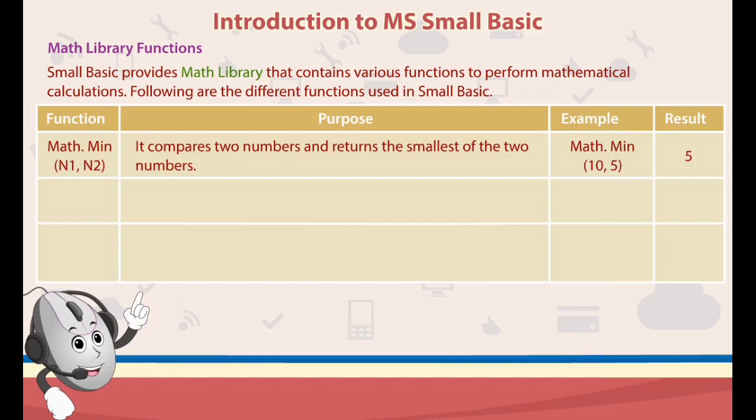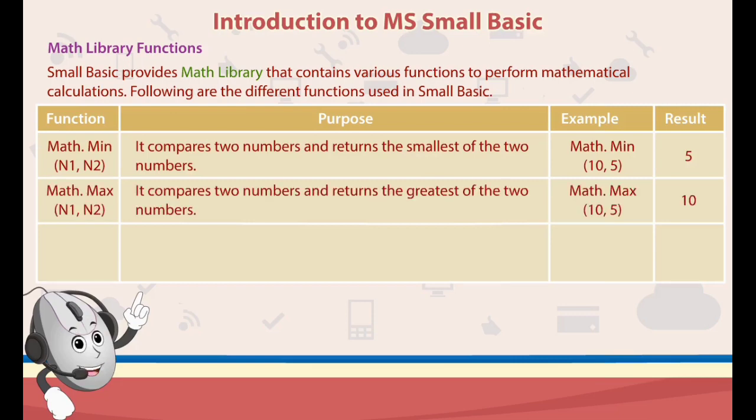It compares two numbers and returns the smallest of the two numbers. Math.Min(10, 5), 5. Math.Max(n1, n2). It compares two numbers and returns the greatest of the two numbers. Math.Max(10, 5), 10.